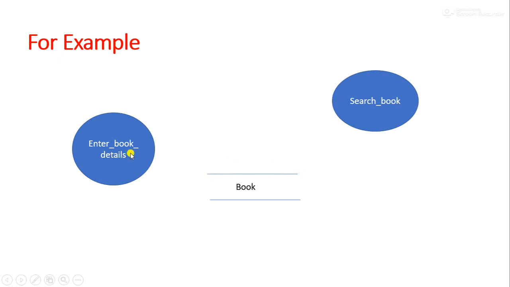So this enter book function is used to enter the detail of the book. So we can say that enter book details is a function which is used to store the book details into our book database, and this is the search book function which uses this data store to search the book.